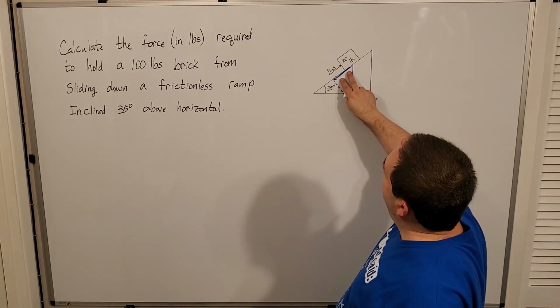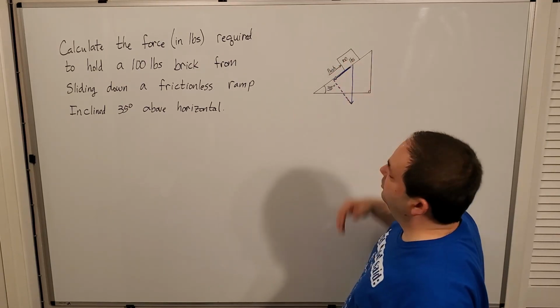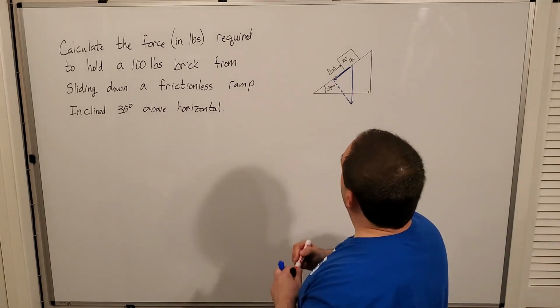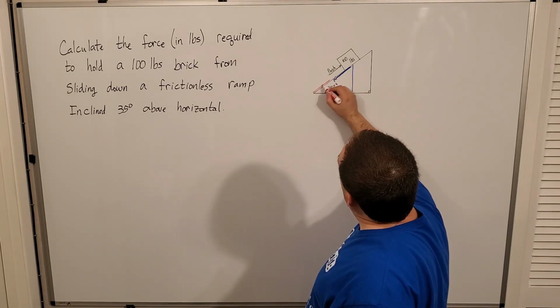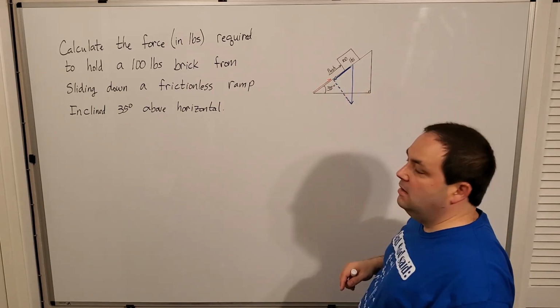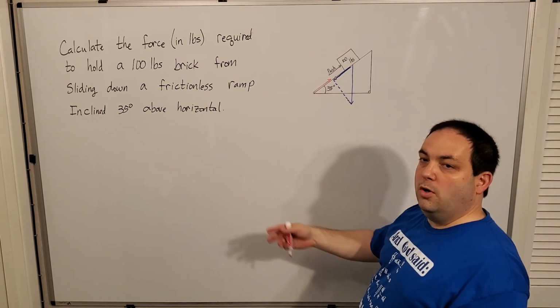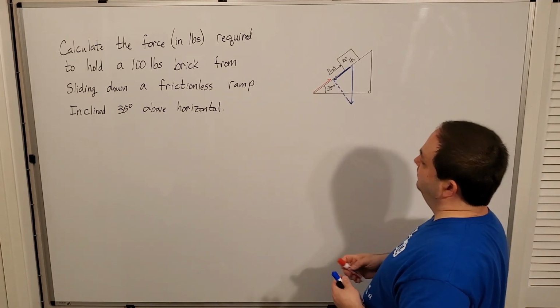So I just need to balance that. Okay, well, what am I projecting onto? I'm projecting onto the ramp. So therefore, all I need is a vector representing the ramp and then a vector representing the weight. And I can just project one onto the other and find the magnitude of that.